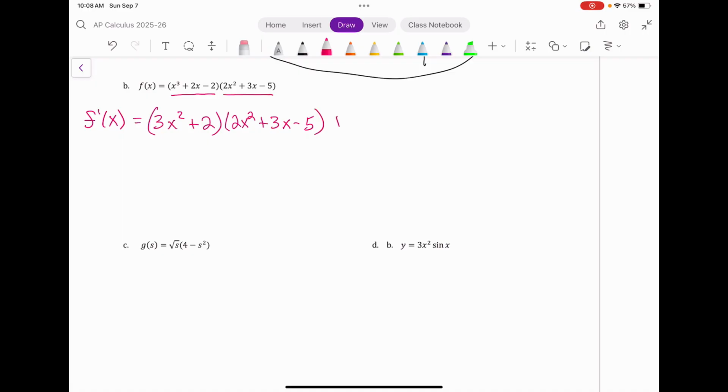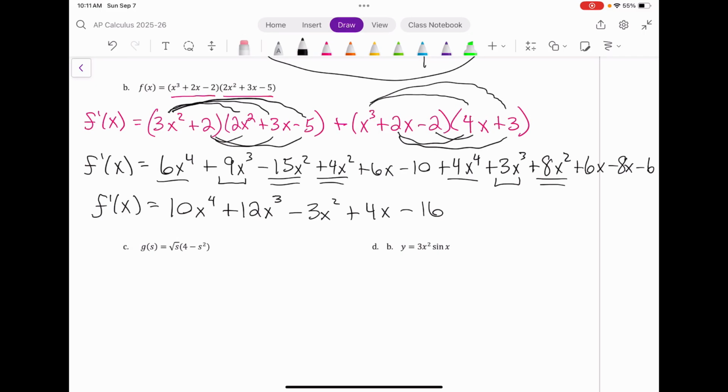And then plus the first function times the derivative of the second. Then just like before, we multiply it all out. I skipped ahead to multiplying it all out, and so this is the derivative.